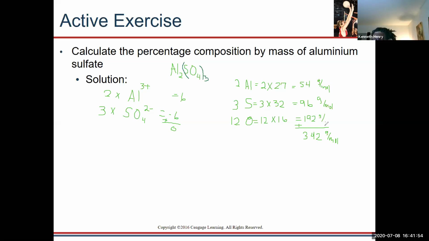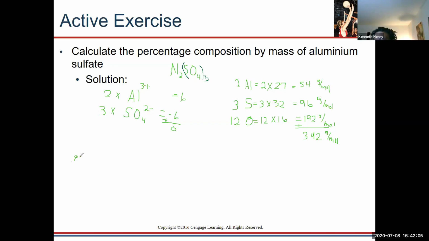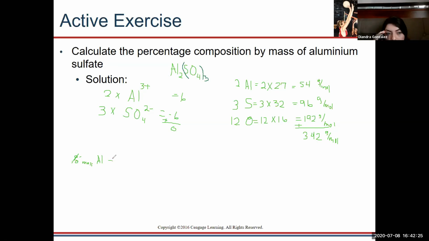Okay, so if I wanted to calculate the percent mass of aluminum in aluminum sulfate, how am I going to do it? I can write percent mass. You're gonna use its total divided by the ultimate, so it'd be the 54 divided by 342 grams per mole, using the atomic mass of aluminum.